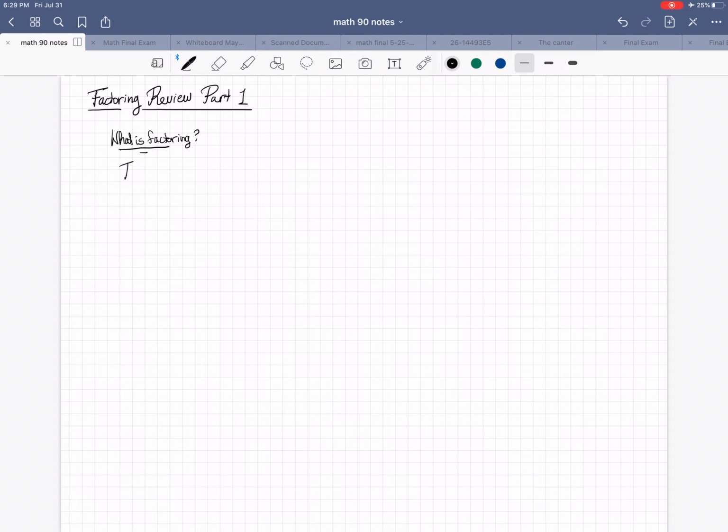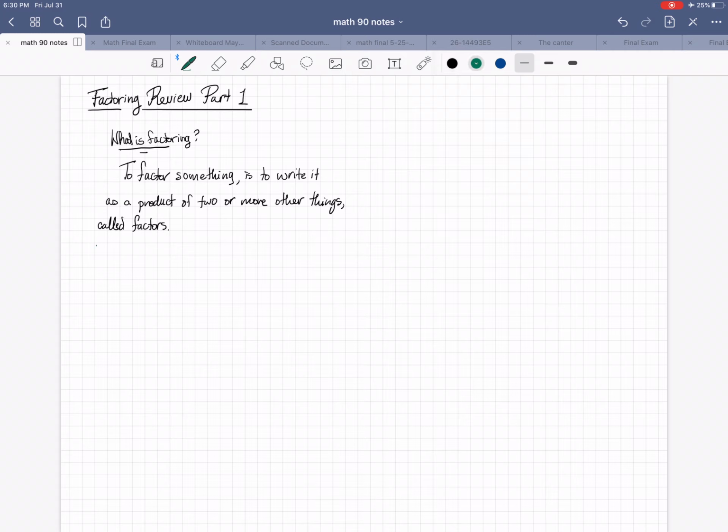So to factor something, it could be a number, it could be a polynomial, is to write it as a product of 2 or more other things. And rather than just calling them other things, we call them factors.